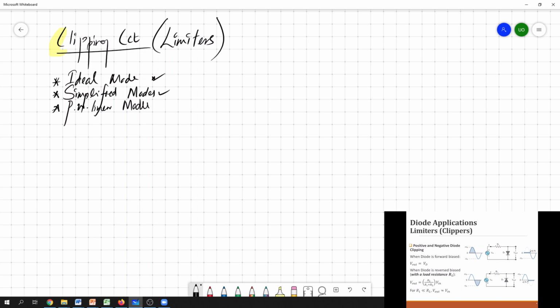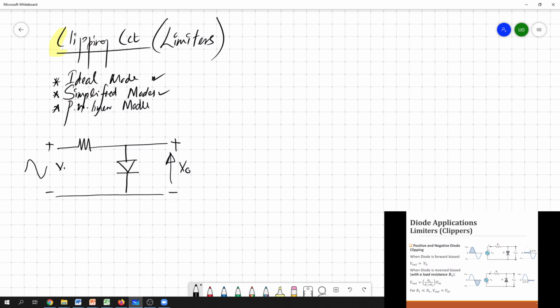So then we'll consider a very simple diode circuit. You have a resistor and a diode here, and the voltage across the diode is considered or measured as the output voltage, and this is your input voltage, a kind of a sinusoid.